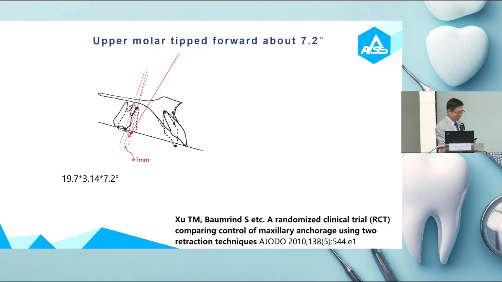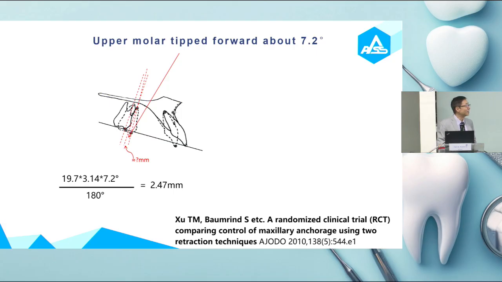As long as we know the molar length, the average 19.7, multiplied by pi 3.14, multiplied by 7.2, and divided by 180. Then we know this is about 2.47 millimeters.